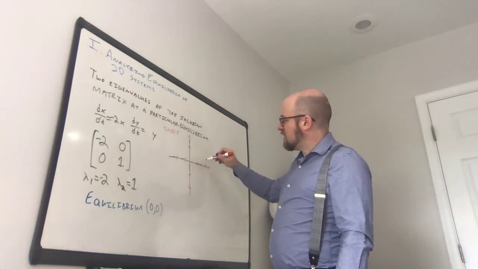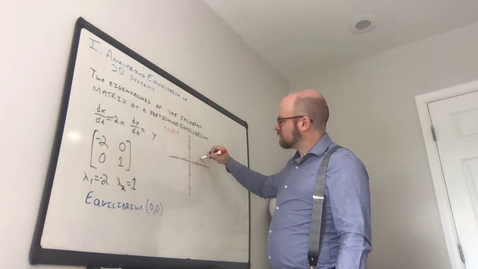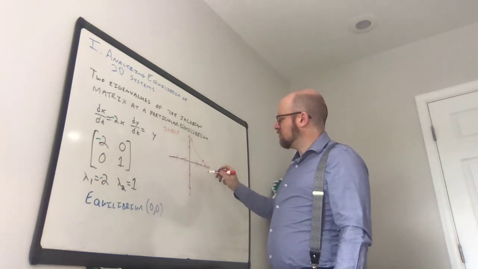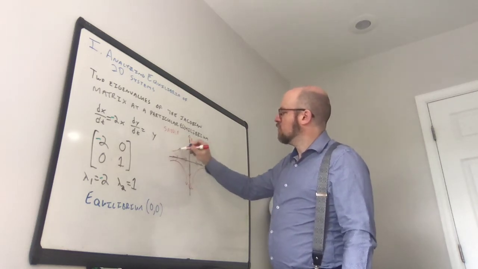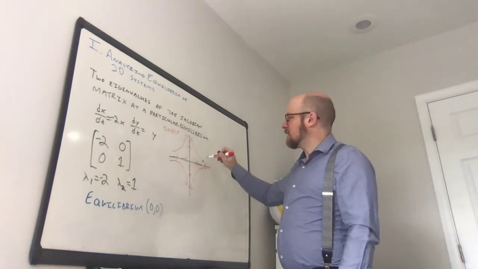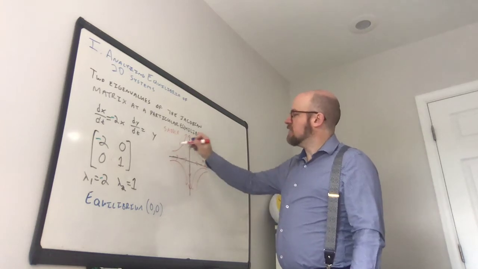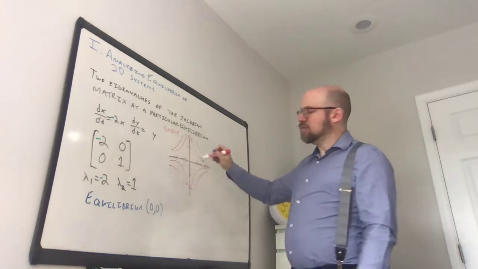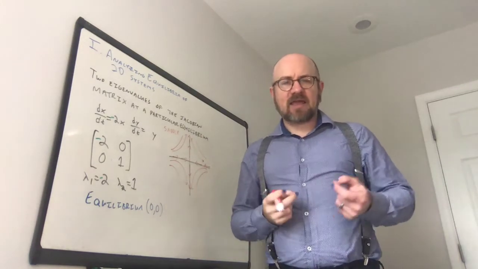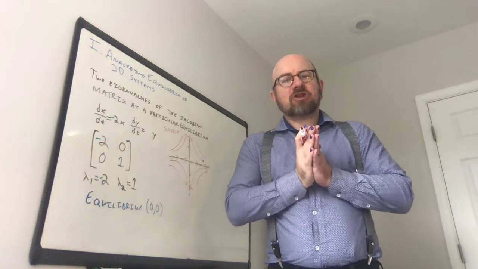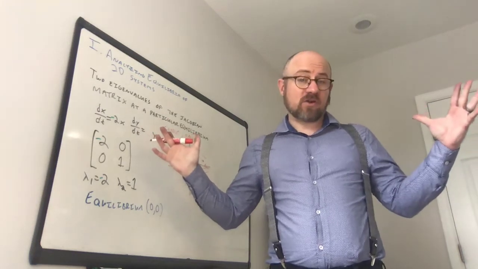And you can see if you think about starting anywhere but 0 and kind of following these arrows, what you're going to get is trajectories that look like this. So they're going to follow these kinds of hyperbolic paths. They're never going to actually get close to 0, 0. So this is kind of like an unstable equilibrium, but they're not exploding out like they are in a source.